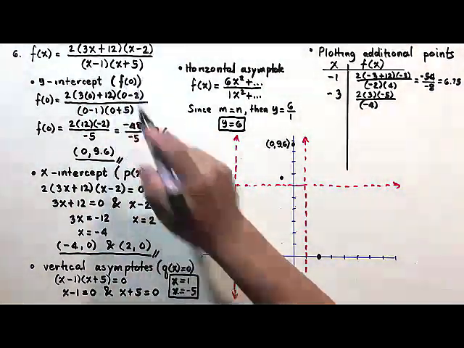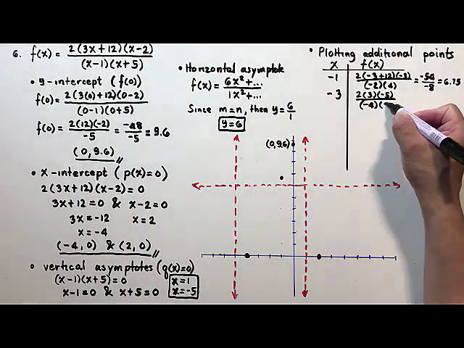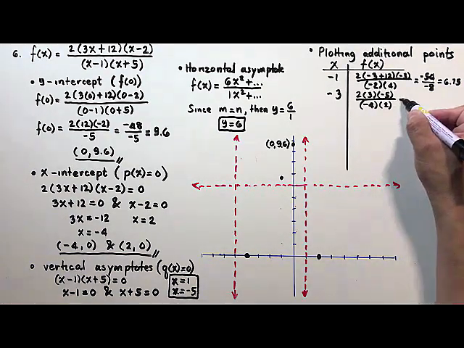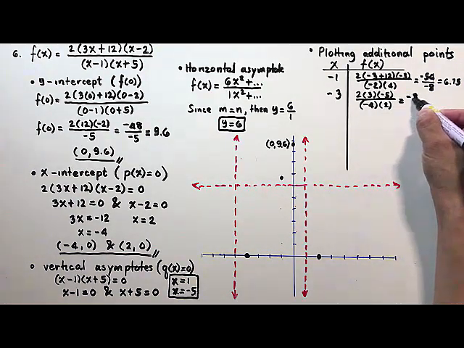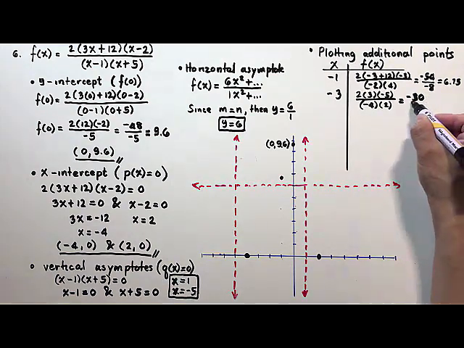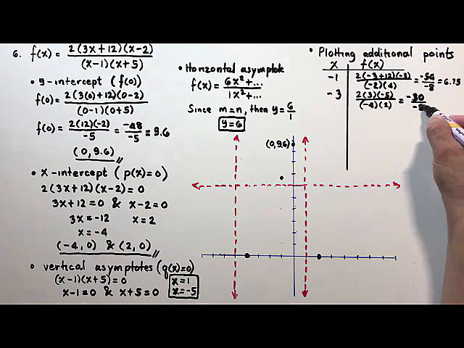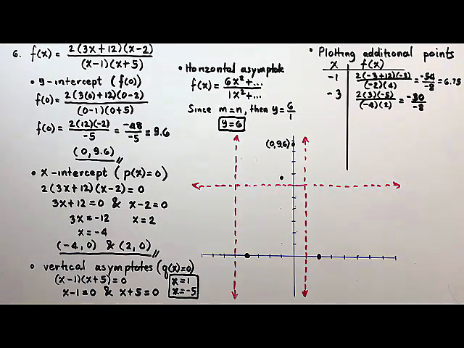And negative 3 plus 5 is 2. So we have 2 times 3, it's 6. And 6 times negative 5 is negative 30. This will be divided by negative 8, because negative 4 times 2 is negative 8. Negative divided by negative is positive. And if you have your calculator, 30 divided by 8 is 3.75.